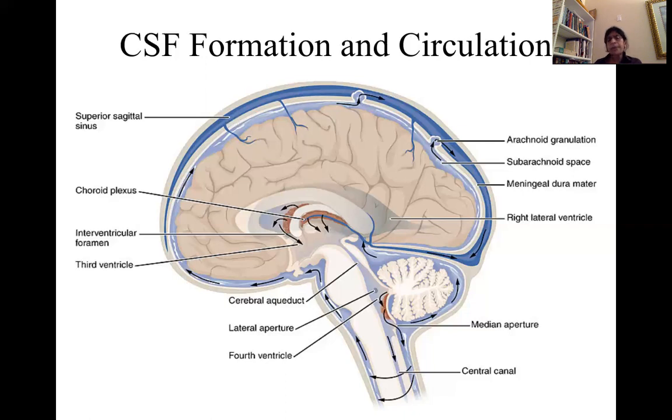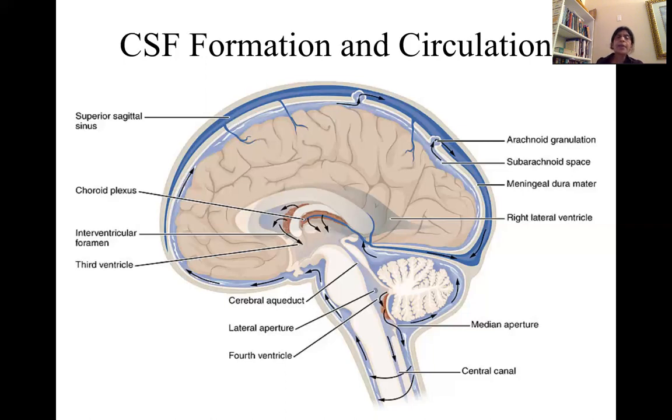If you recall, there is another type of neuroglia called ependymal cells. Ependymal cells play a key part in the extraction of plasma. These are the cells that line the ventricles. They're the ones that actively move the plasma from the capillary into the ventricles.